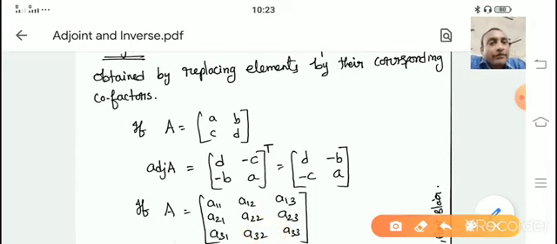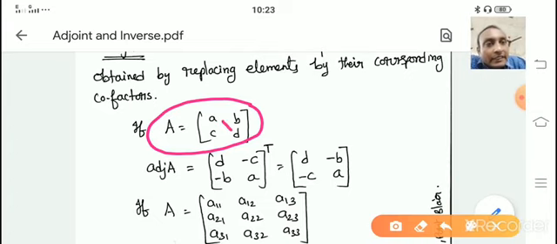I am telling you how to find the adjoint of a 2 by 2 matrix in a short way. Interchange the diagonal elements. A and D got interchanged.